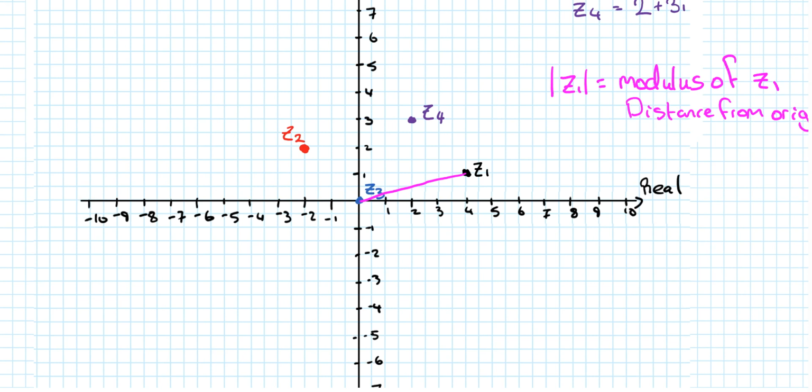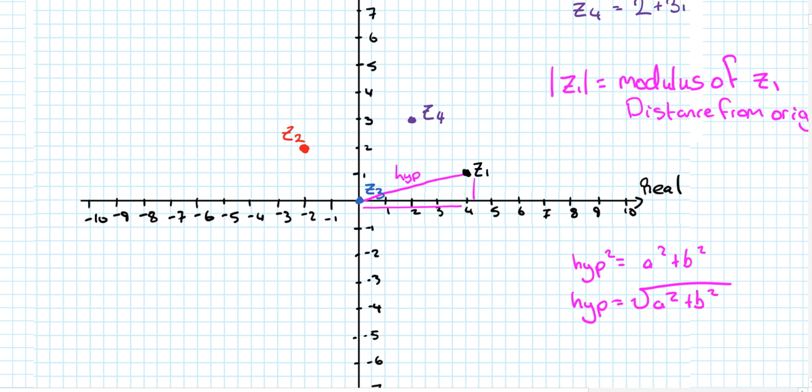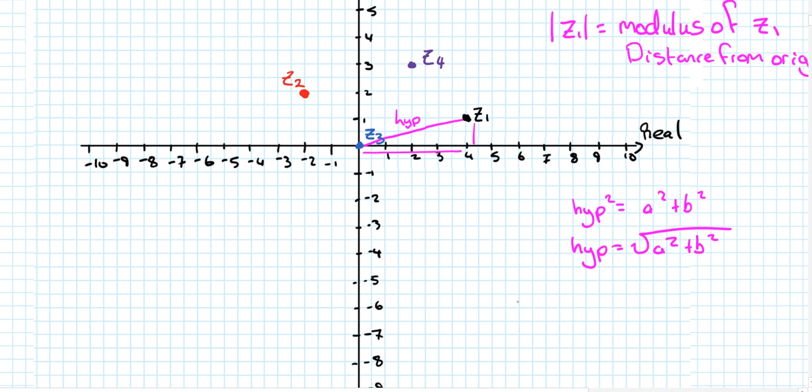We know the hypotenuse squared is equal to a squared plus b squared, this bit being a, this bit being b. If you want just the hypotenuse, it will be the square root of a squared plus b squared. And that holds true for all complex numbers.